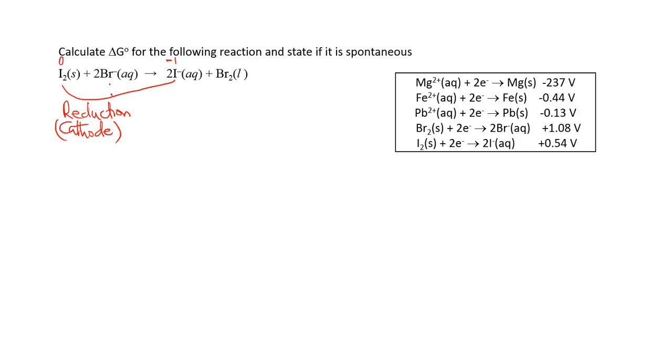Now here we are removing electrons from Br minus. So this is -1, this is 0 in terms of oxidation number. So this one is oxidation, which takes place at anode. Now you come here to determine the voltage of each half reaction. So if you look at the Br here, this is the reaction for that.